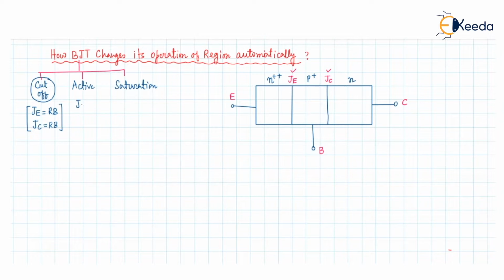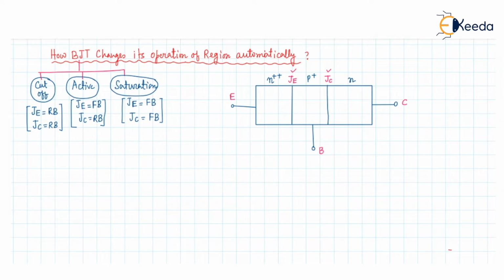Similarly, if the emitter junction is forward biased and the collector junction is reverse biased, then the BJT will operate in the active region. And last of all, if the emitter junction JE is forward biased and the collector junction JC is also forward biased, then the bipolar junction transistor operates in the saturation region.